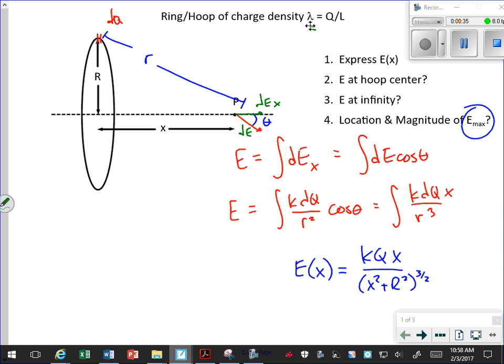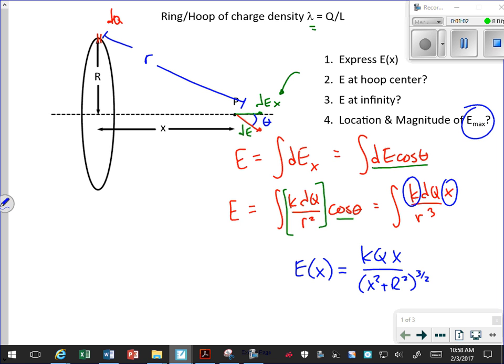So, bottom line is we're integrating all these dx's because of the vertical symmetry about this axis. That's dE cos theta, and here's dE cos theta, and the cos theta is x over r. When you get to the actual integral right here, there's a constant.